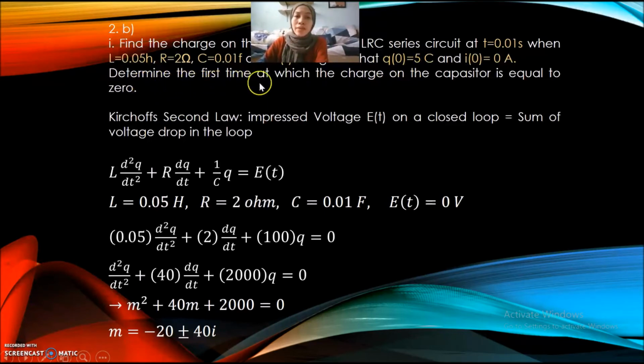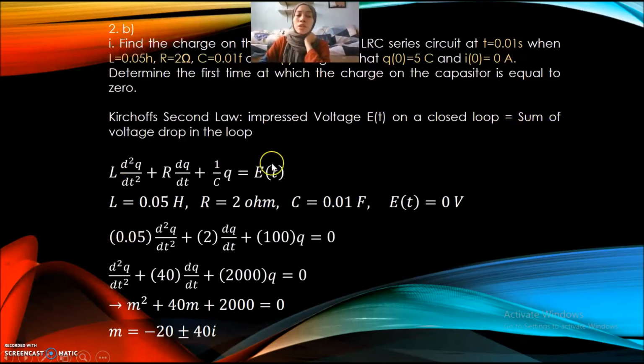Determine the first time at which the charge on the capacitor is equal to 0. So Q is equal to 0. As we recall Kirchhoff's second law, the impressed voltage E(t) on a closed loop is equal to the sum of voltage drops in the loop.